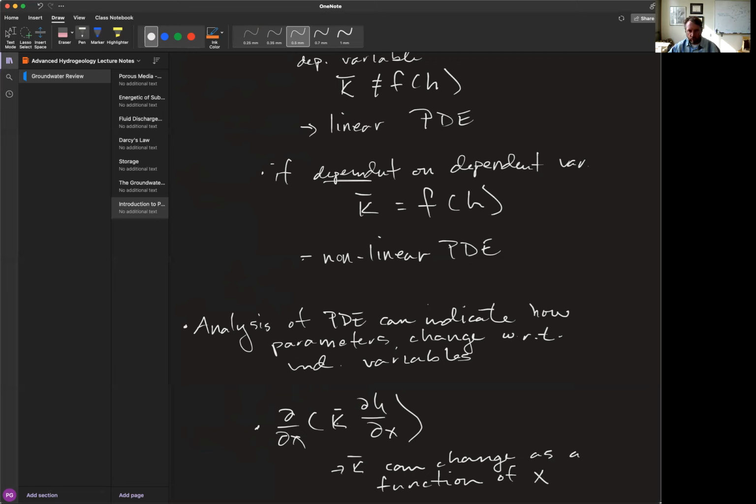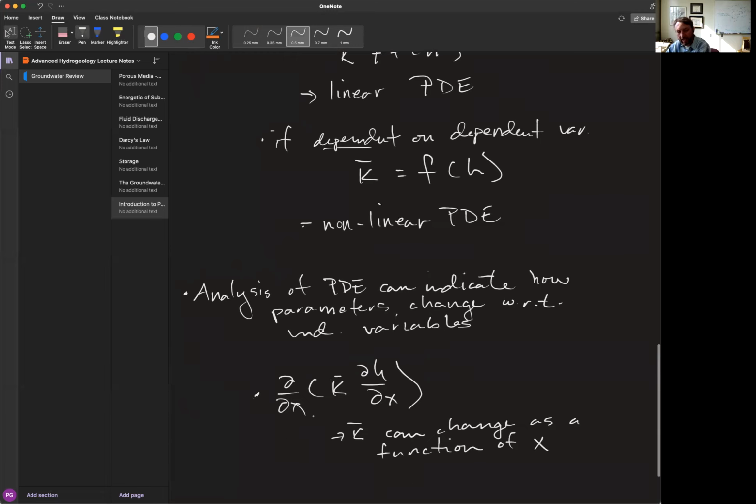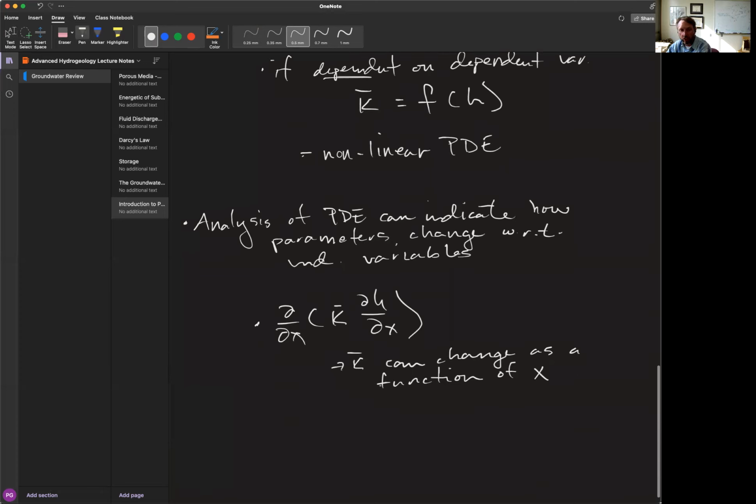Written this way, k is some value and it can change as a function of x. And in hydrogeology, this is a special definition. This is called heterogeneous conductivity. That means the conductivity can change spatially.